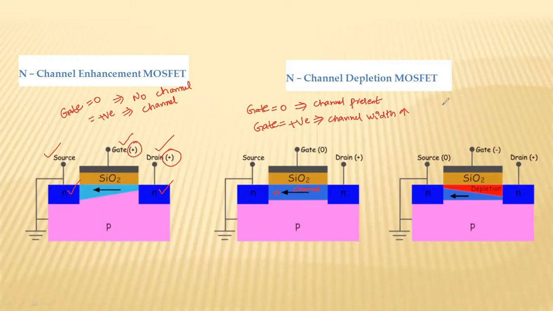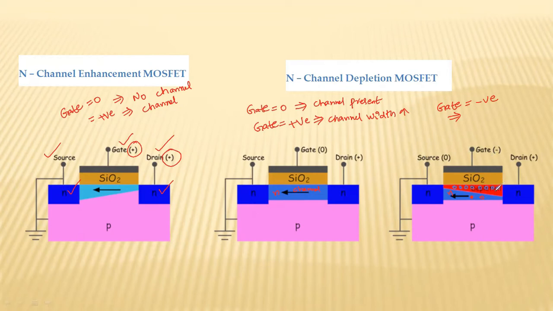But if the gate voltage is negative, then the negative voltage applied at the gate will accumulate positive charge below the silicon dioxide. Below this silicon dioxide, we have N-type material. In N-type material, electrons are the majority charge carriers and holes are the minority charge carriers. Now, the negative charge applied at the gate will attract the positive charge in this channel, so these holes are attracted towards the silicon dioxide layer.